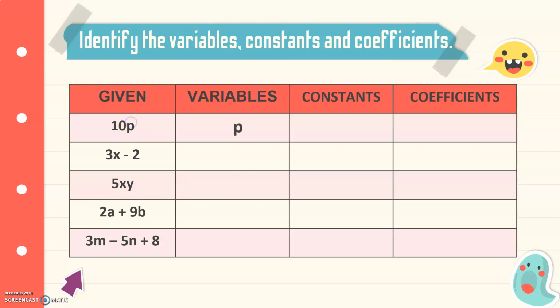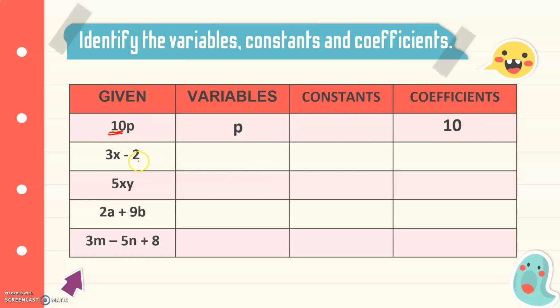Again, a variable is a letter from the English alphabet which represents an unknown value. Then we do not have a constant in this expression because there's no fixed value here. And our coefficient in this expression is 10 because 10 is to be multiplied to our variable.